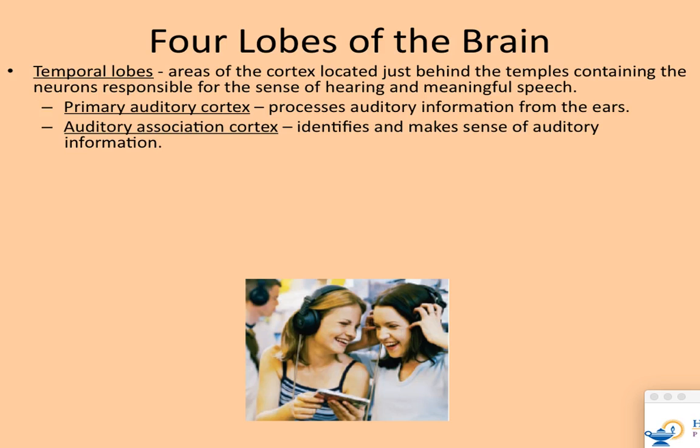Have you ever had someone start talking to you and you're not listening, you hear them but you don't hear them, and you turn around and then you start hearing it? That information was sent to your primary auditory cortex, and then it was moved into your auditory association cortex. That way, you can process the information you need.